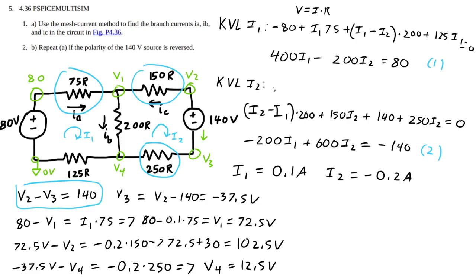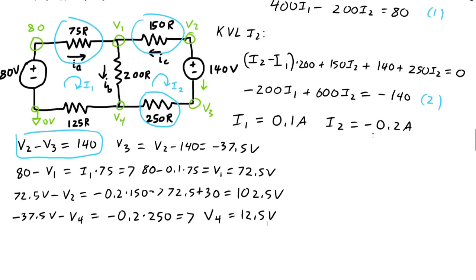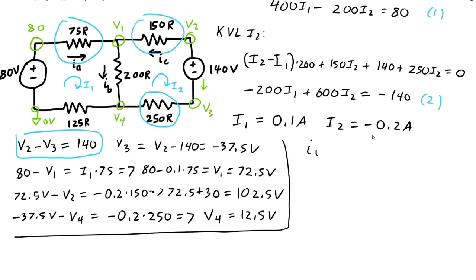So now we have all the information we need to find these currents. There's other ways you can do it, but I'm going to find IA, IB, IC with these. So anyway, IA is going to be 80 minus V1, so 80 minus V1.